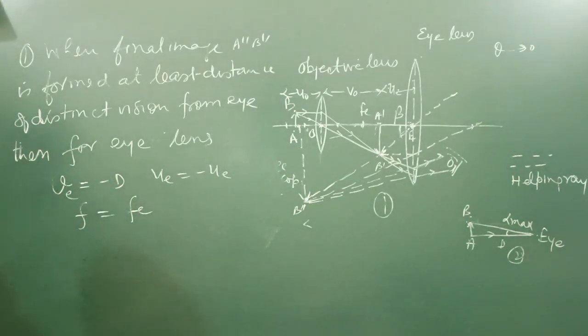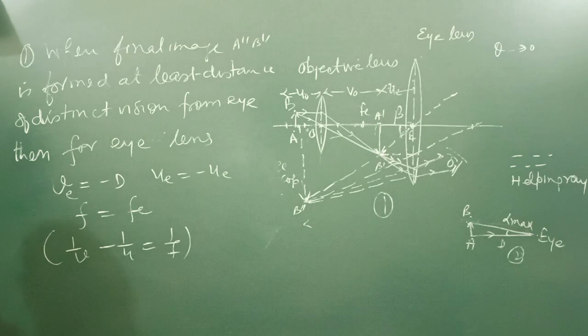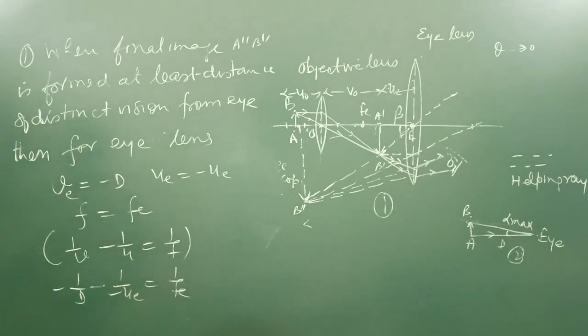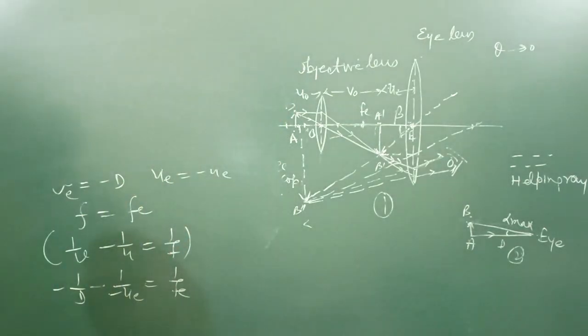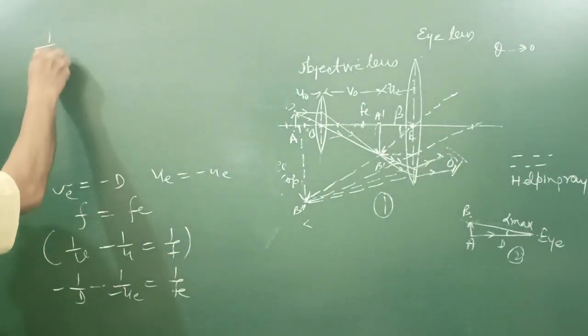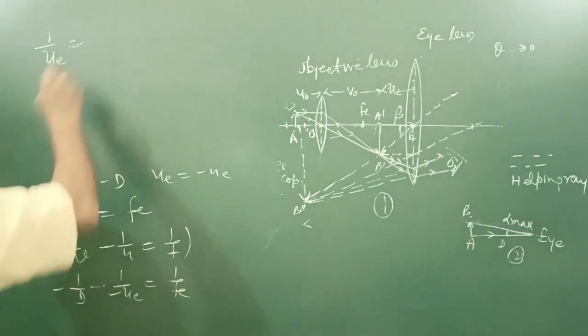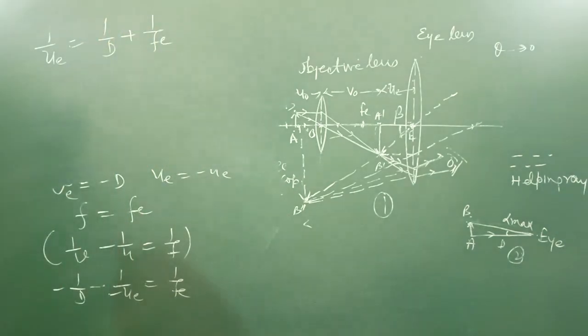Using the lens equation, what is the lens equation? 1 upon V minus 1 upon U is equal to 1 upon F. So here minus 1 upon D minus 1 upon minus UE is equal to 1 upon FE. And therefore 1 upon UE is equal to 1 upon D plus 1 upon FE.